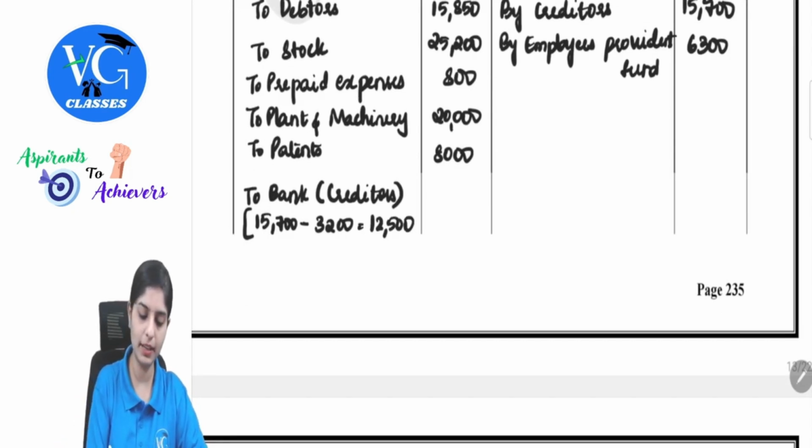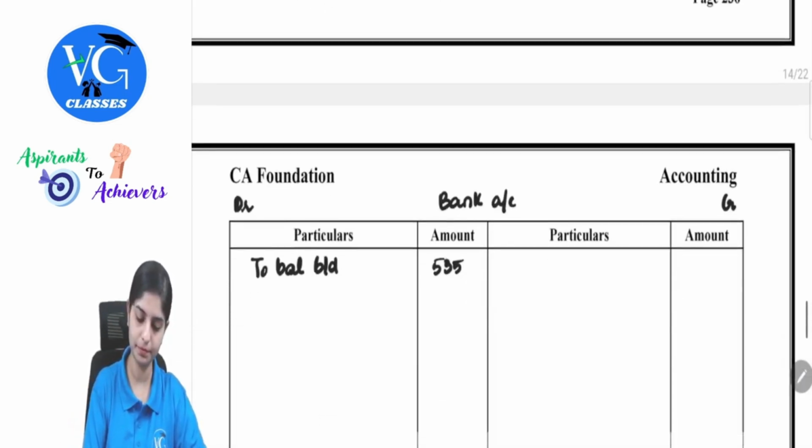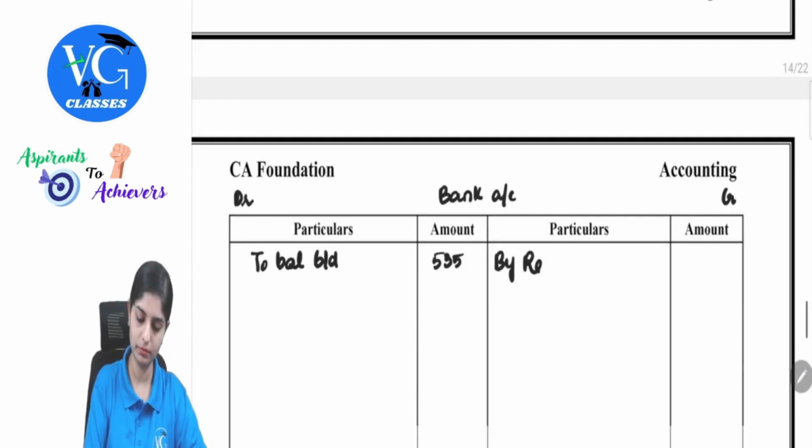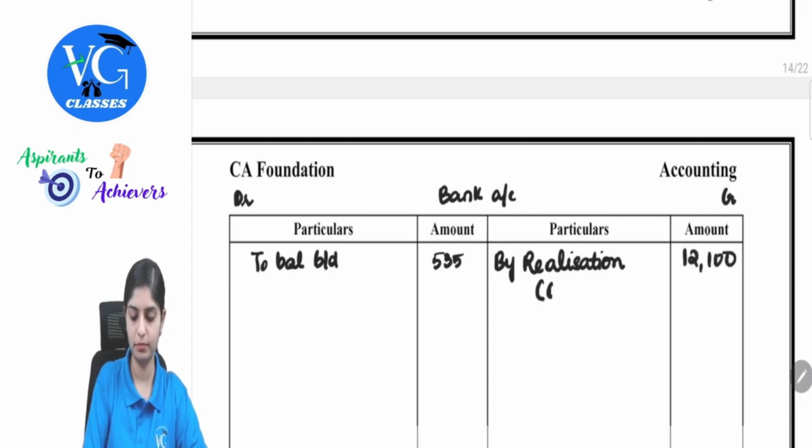This will be taken at a discount of 400, so 12,100. By realization, to bank account, 12,100. Creditors paid.